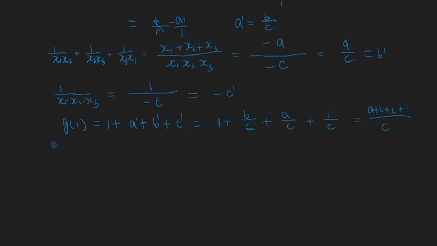But actually, we have a better way to do this, a much quicker way. So basically, if we assume x1, x2, x3 are roots of the polynomial x cubed plus a x squared plus b x plus c, then 1 over x1, 1 over x2, 1 over x3 will satisfy something like this: if we just divide by x cubed on both sides, that will lead us to 1 plus a over x plus b over x squared plus c over x cubed.